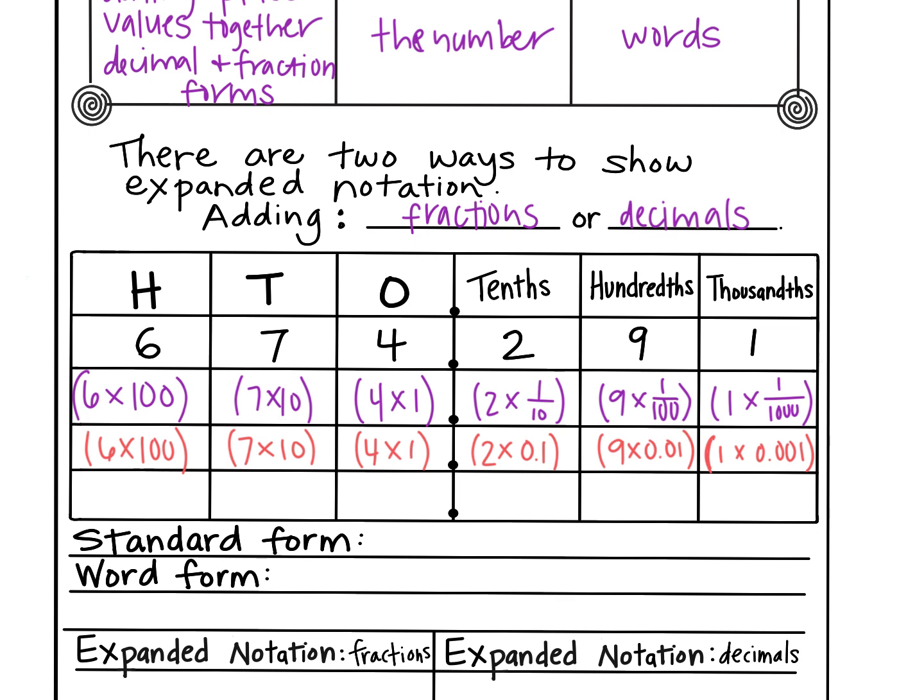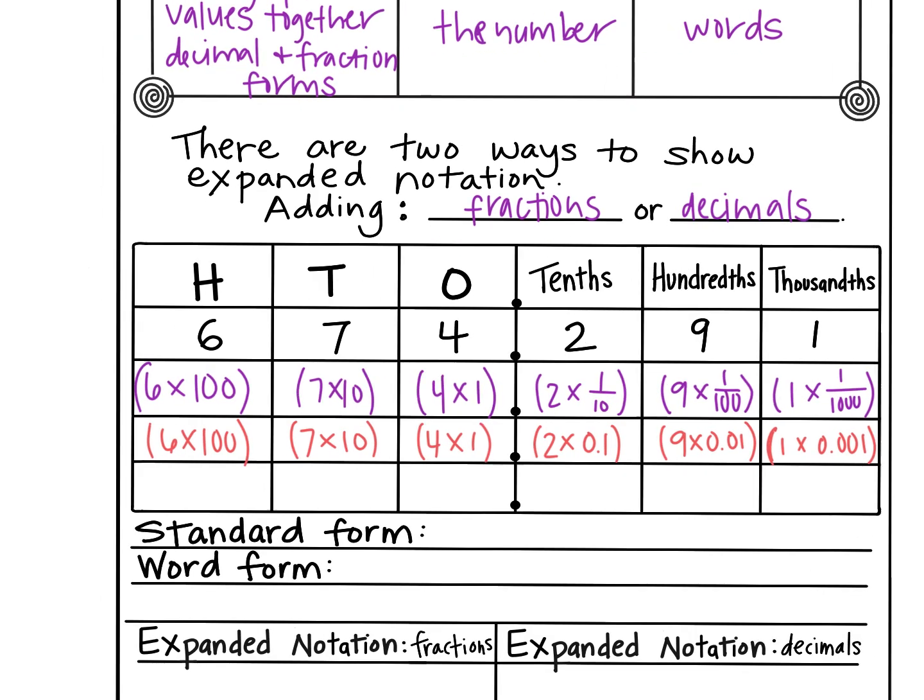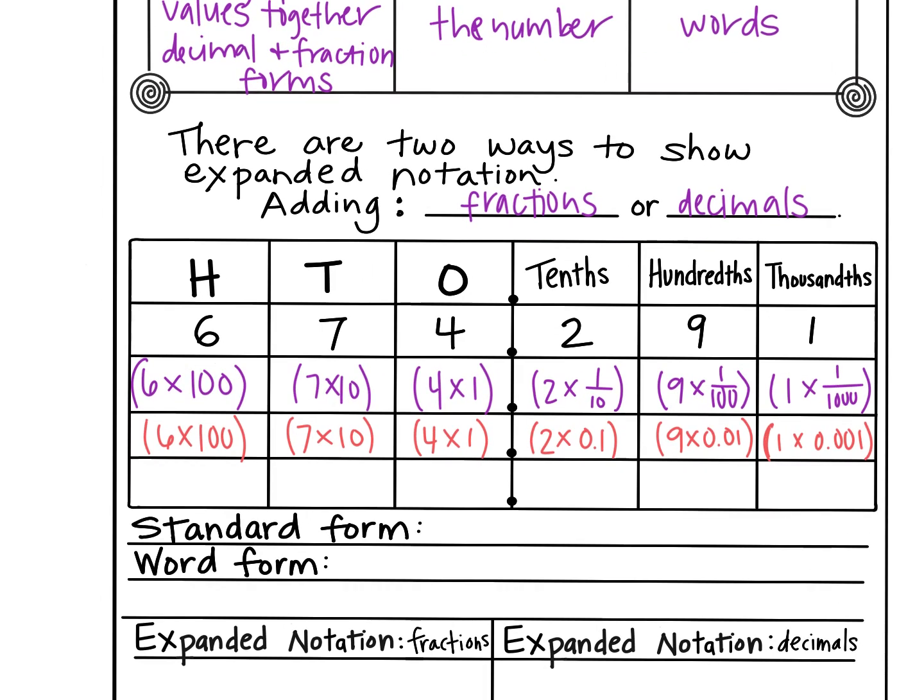The last way that I'm going to write it is in expanded form. So we're going to make a note off to the side in your journal. We're going to write expanded form out here, just off to the side somewhere, and we're going to draw a little arrow to this box. Expanded form is when I apply what I'm showing here in expanded notation to get the actual value of the digit.